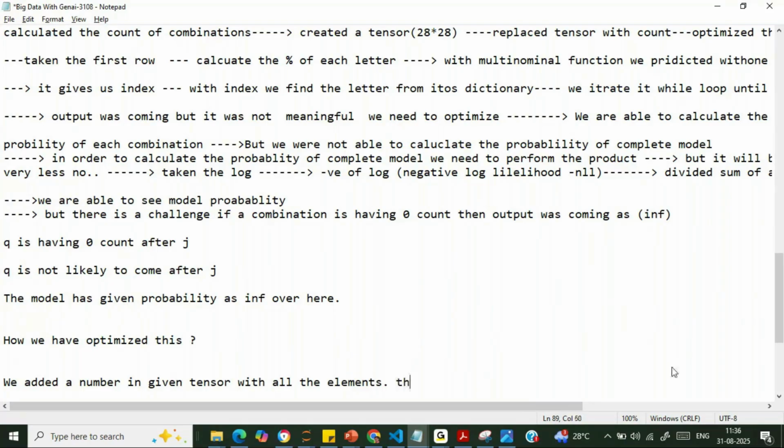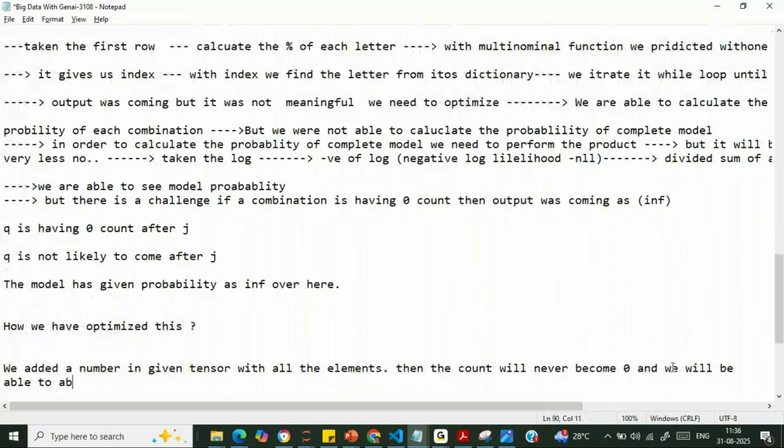Then the count will never become 0, and we will be able to avoid an infinity-like situation. Okay, infinity-like situation. So that's what we have done in our today's session.